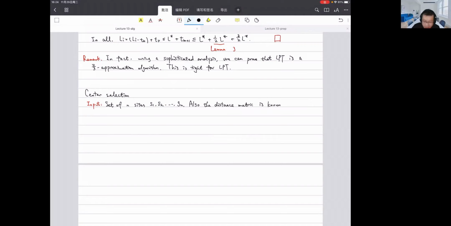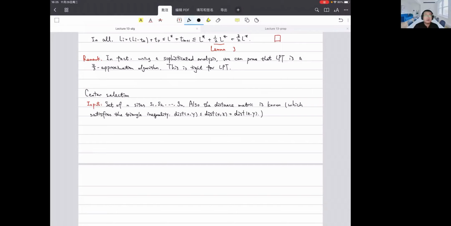When we talk about a distance metric, it is very important that it satisfies the triangle inequality. The distance between two points x and y is smaller than or equal to the distance between x and z plus the distance between z and y.